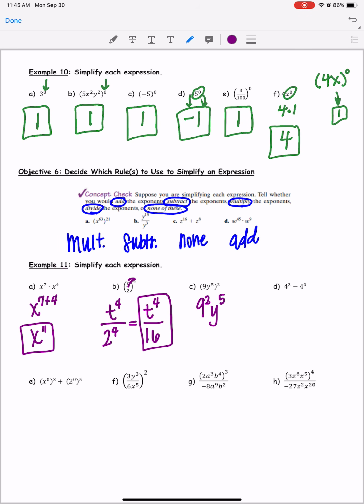We need to multiply. Power to a power means I'm going to do 5 times 2. So 9 squared is not 18. Okay, not 9 times 2. What's 9 times 9? Gives me 81. And then 5 times 2 makes that y to the 10th.